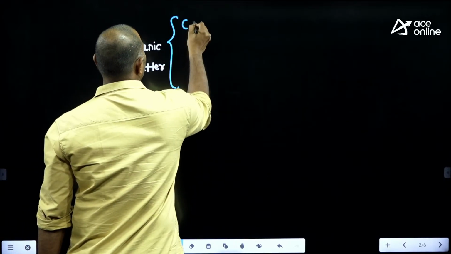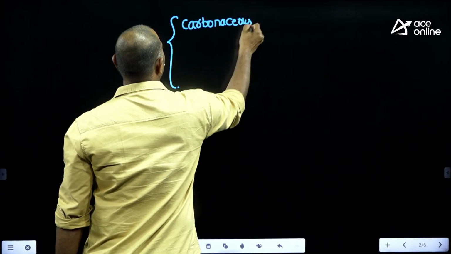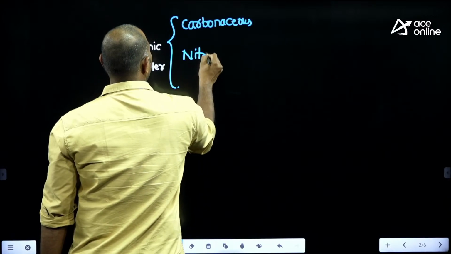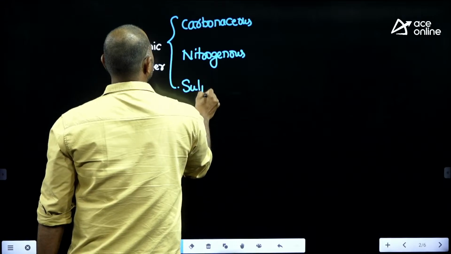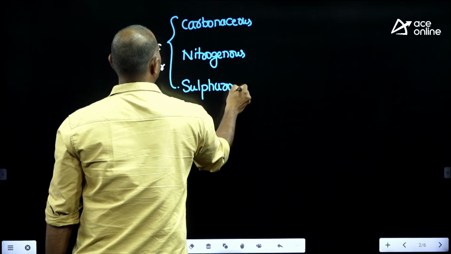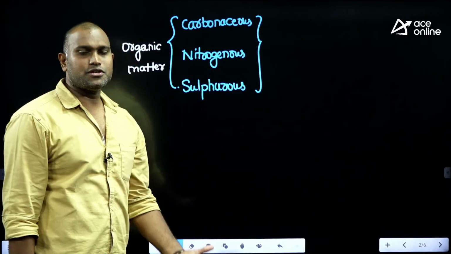It consists of carbonaceous organic matter. It consists of nitrogenous organic matter. It consists of sulfurous organic matter. Carbonaceous is nothing but carbonaceous.